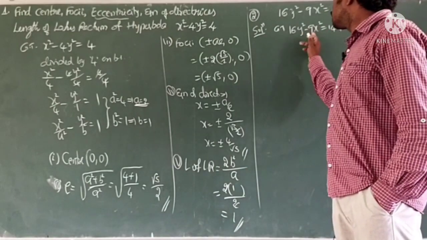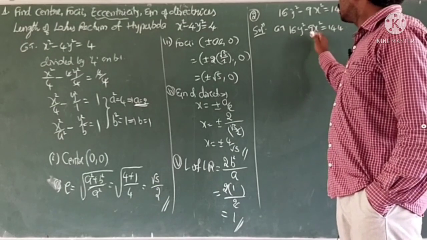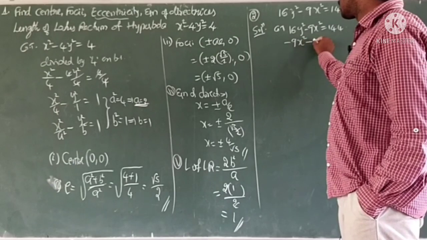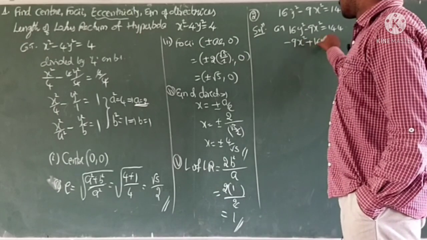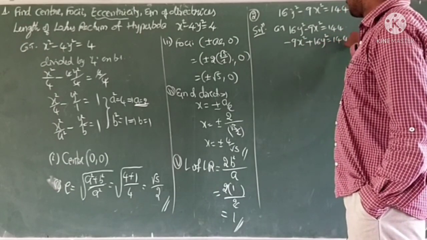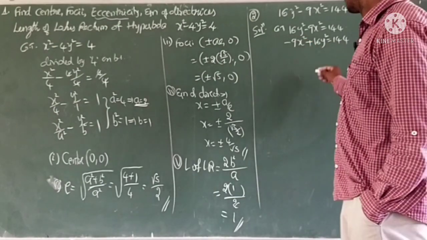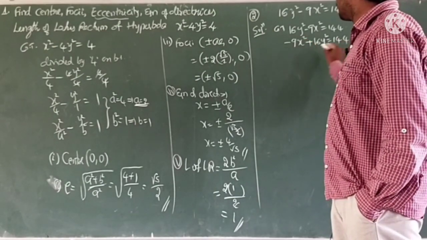x square must be at the beginning and y square second. So rewrite as minus 9x square plus 16y square equal to 144. Here minus is there, so I am multiplying by minus.